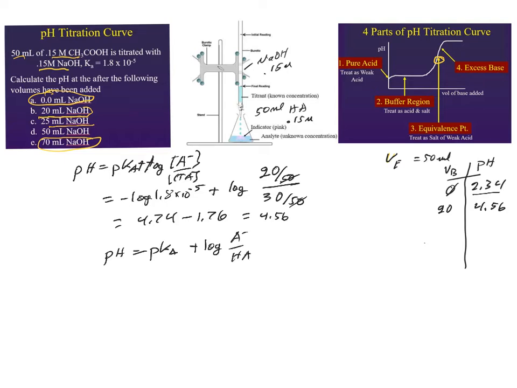But since we've neutralized half of the original, we're 25 mL in when it took 50 to go all the way, these equal each other, and so this is all equal to 0 because the log of 1 is 0. So pH equals pKa. So at 25 mL, it's 4.74, the pKa value for acetic acid.